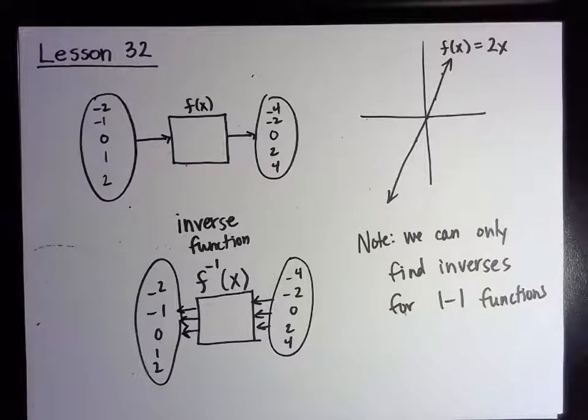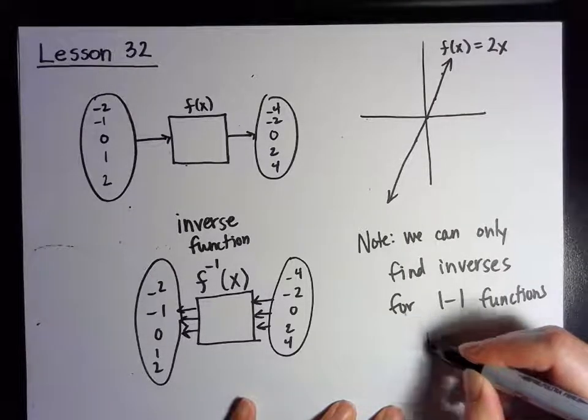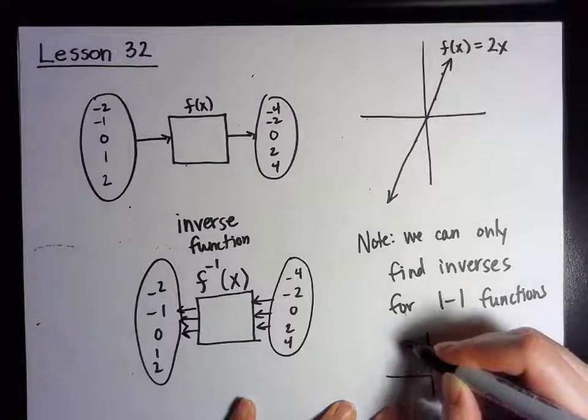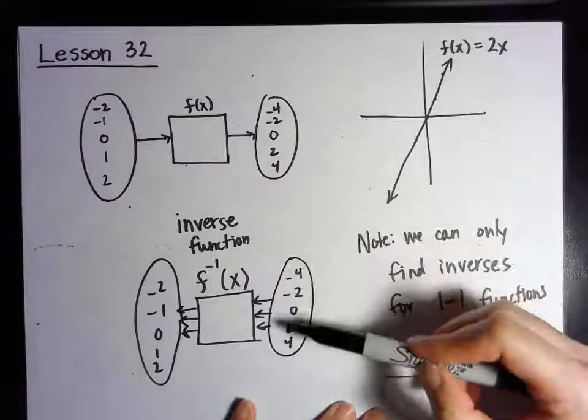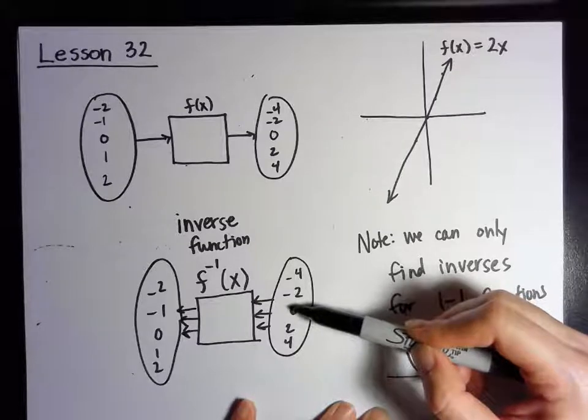So it would be complicated for us to have, for instance, something like this, which is a function, okay, but when I put in -1, I get 1. When I put in +1, I get 1. So now when I go here and I say, okay, well, what value gave me 1?